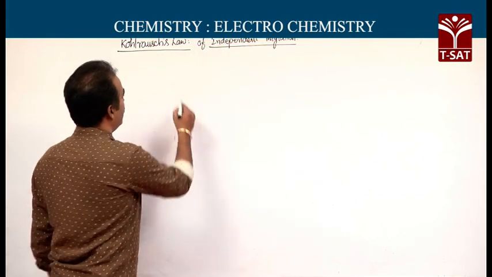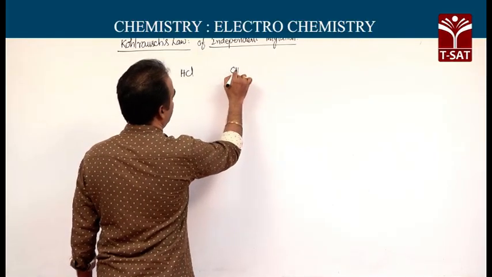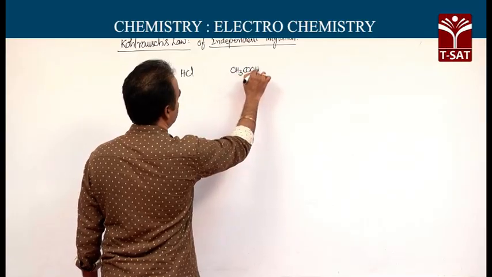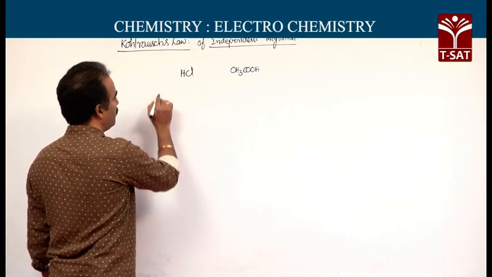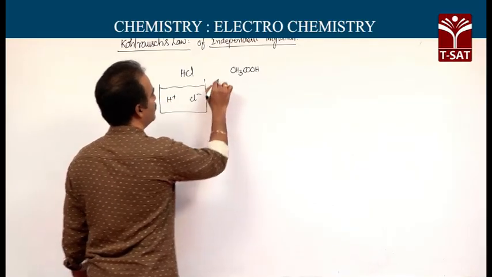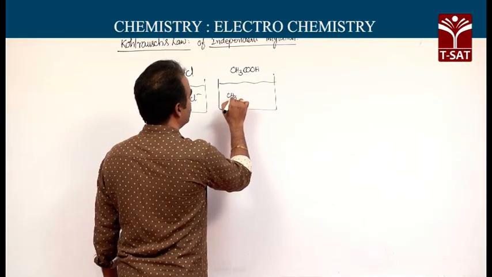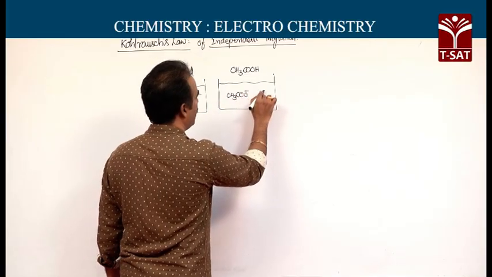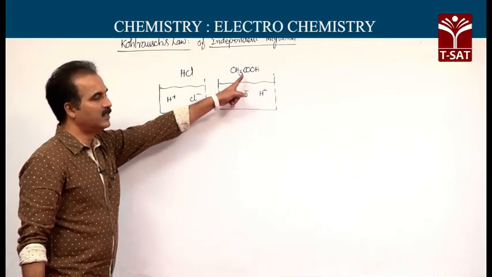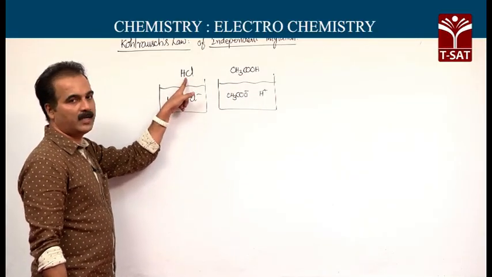So, here now I am taking a strong acid HCl and a weak acid CH3COOH. When you dissolve HCl in water, you will get H plus and Cl minus. When you dissolve acetic acid in water, you will get CH3COO minus and H plus. Of course, acetic acid is not completely dissociating and HCl is completely dissociating.